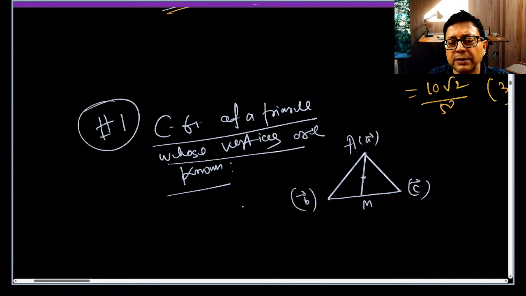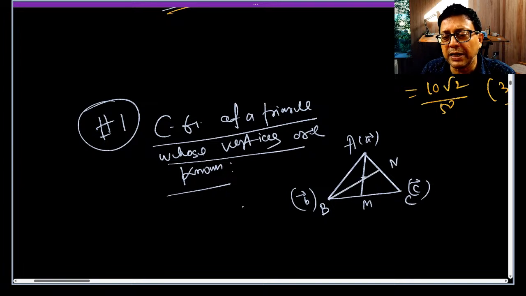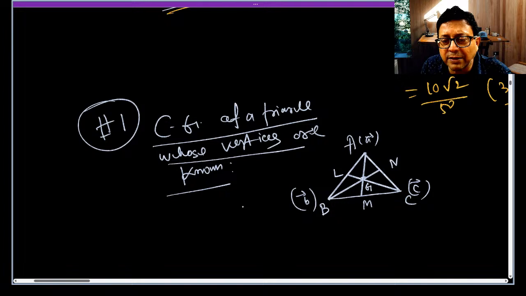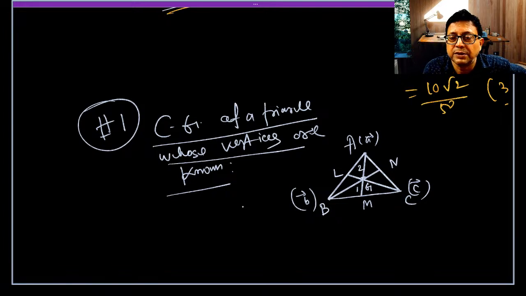AM is the median, BN is another median, CL is the other median. And you know, this is a basic property that the centroid, the meeting point of medians, will divide each median in the ratio 2:1.